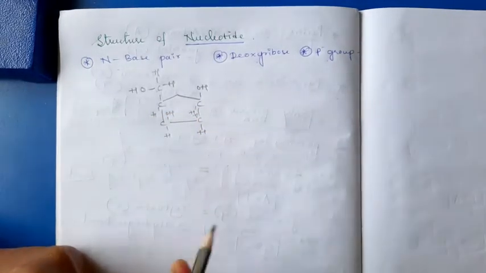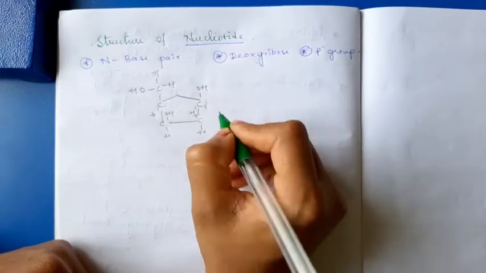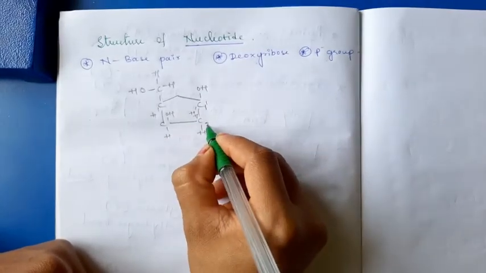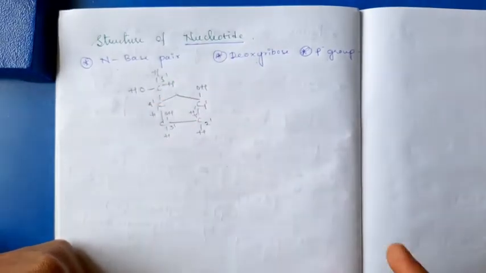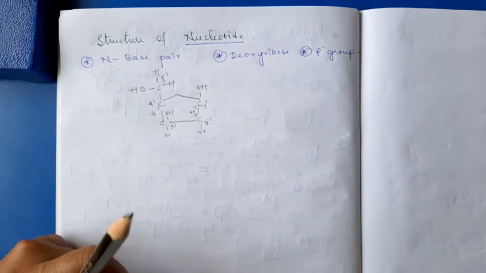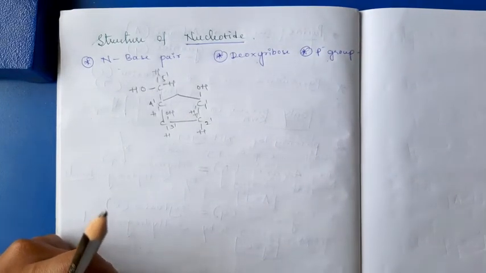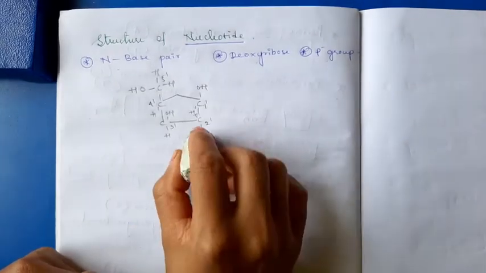Okay. Then always, yesterday we named that carbon number 1, that is first prime, second prime, third prime, fourth and fifth carbon atoms. 5 carbon atoms are present. Okay. Always at the second carbon atom of the deoxyribose have the H group.